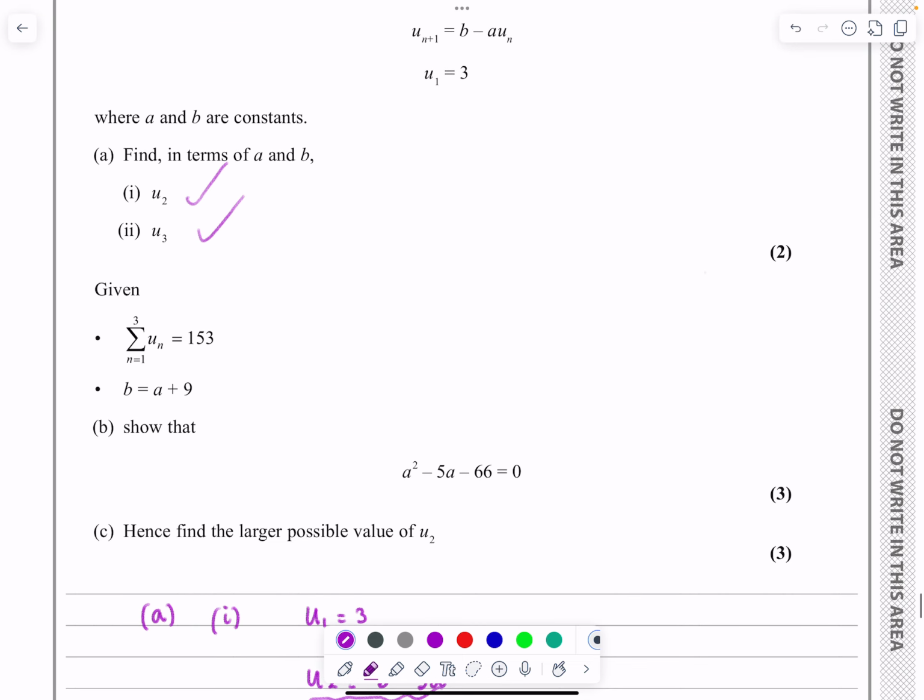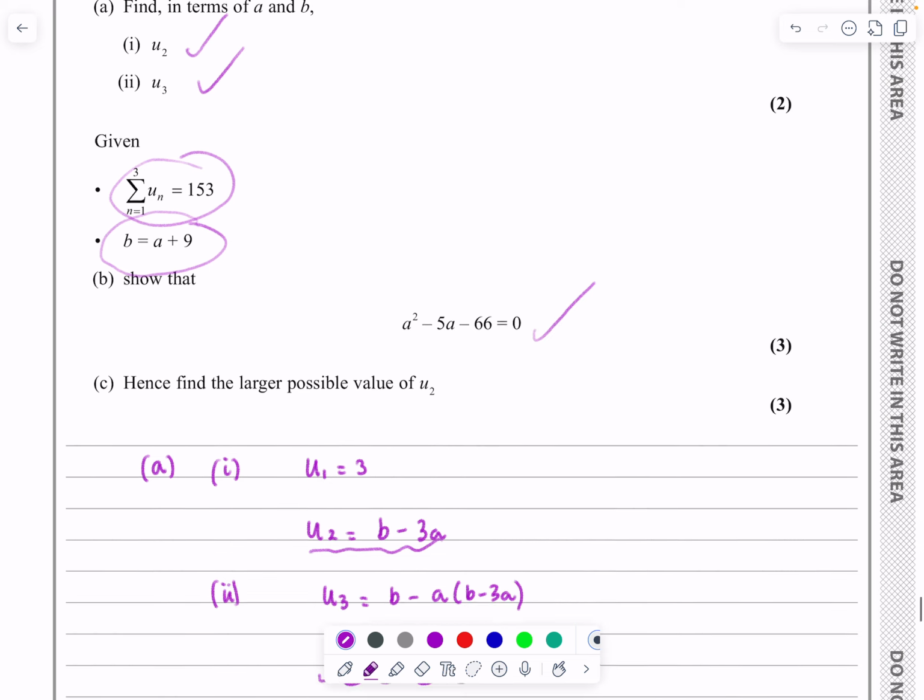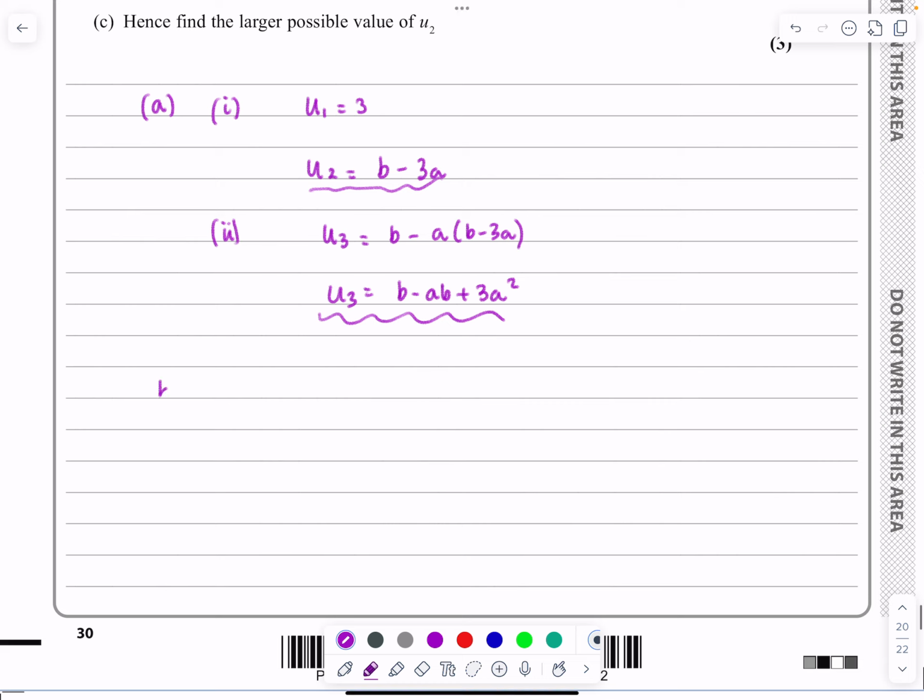And then it says, given that this summation is true here, the sum of Un from 1 to 3 works out to be equal to 153, but also this second piece of information, that B is A plus 9, can we try and derive this quadratic? Let's have a look at what the first part means.